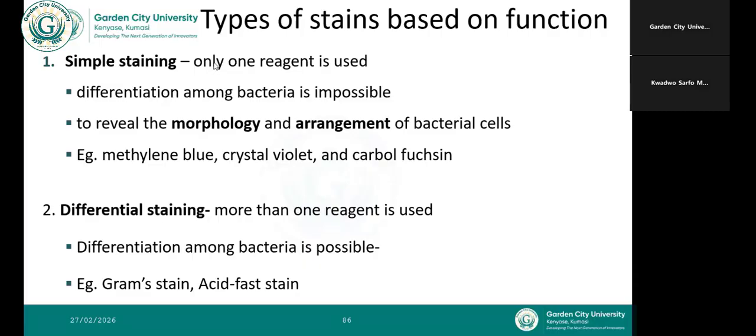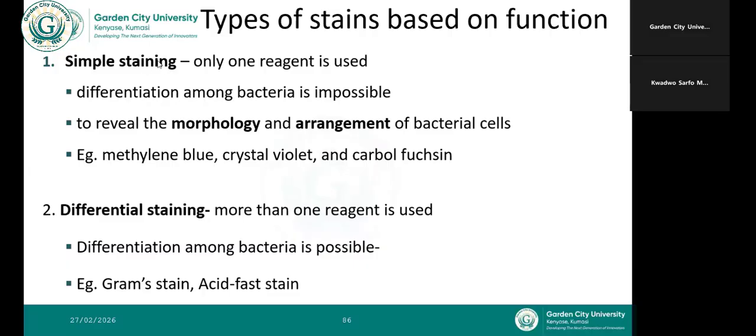The difference is in simple staining, only one stain is used. Differential staining, you can use more than one stain. You use more than one because you want to differentiate some bacteria from others. Simple stain, because you use only one stain, all the cells, whether it's mixed infection or not, from all the isolates will pick the same color.